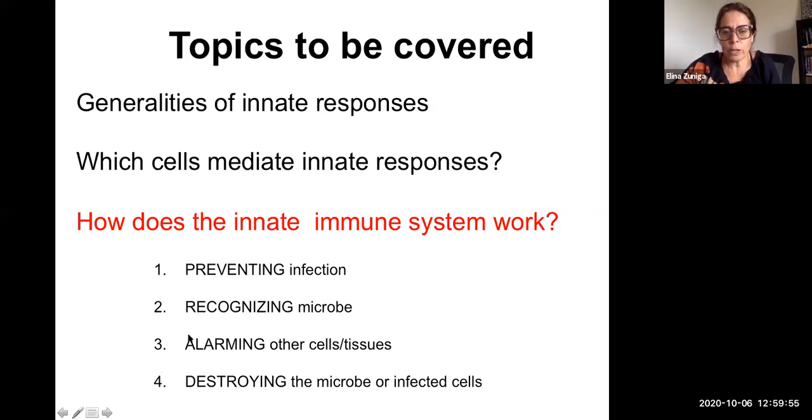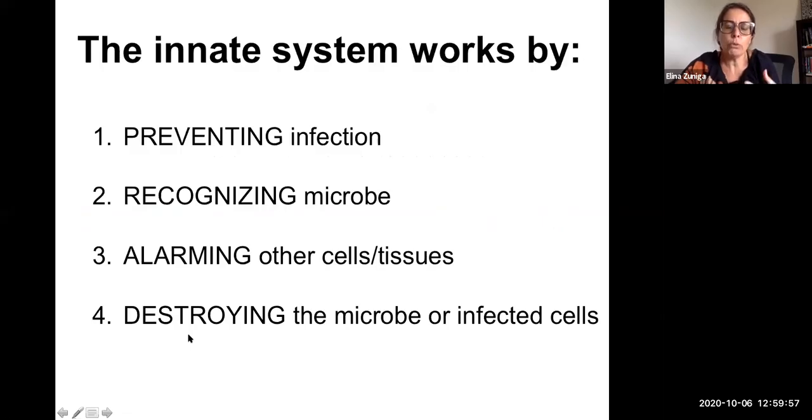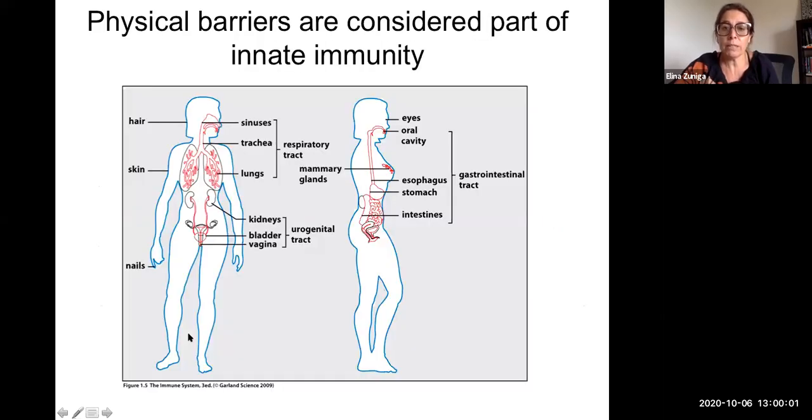So the first, you could think that the innate immune system is all the time exerting its role because it prevents the pathogens from getting into our body by physical barriers that are considered part of the innate immunity.